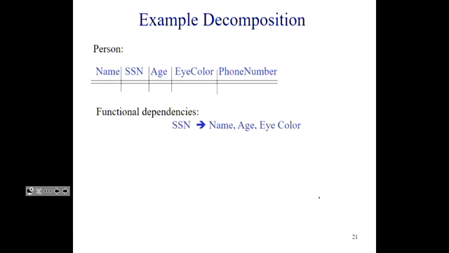So you know that any super key for this relation has to contain SSN and phone number, right? A super key is a superset of a key. Your key is SSN plus phone number. Left hand side is not a super key because it misses phone number, right? Because of that, this functional dependency is a violation. It indicates that this relation is in violation of the Boyce-Codd normal form property.